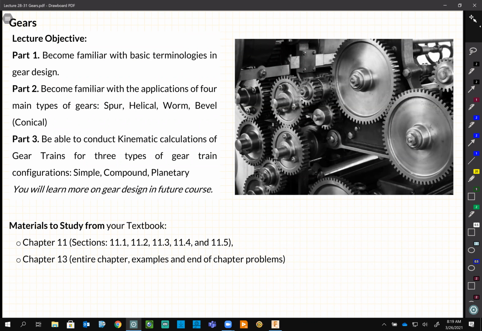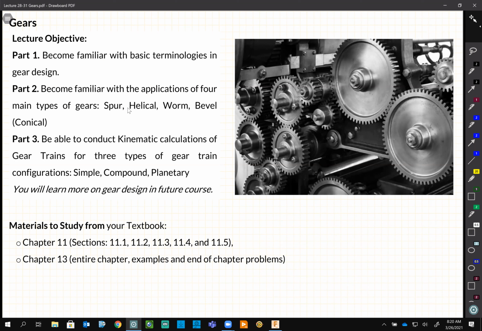So what we are looking after in this course for these topics, because gears by itself can be a course. Your expectation in this course: first, you're going to become familiar with basic terminologies in gears. So next time you're buying a gear, you know what they are talking about, if they ask, you need a gear, what's the pitch number?